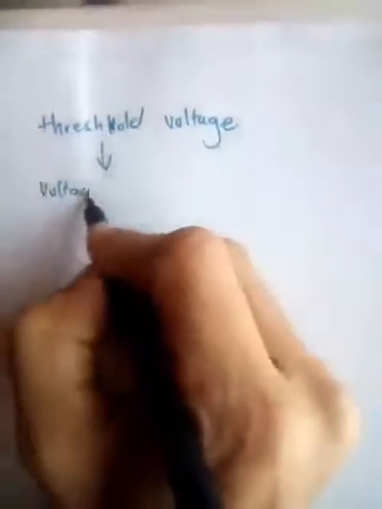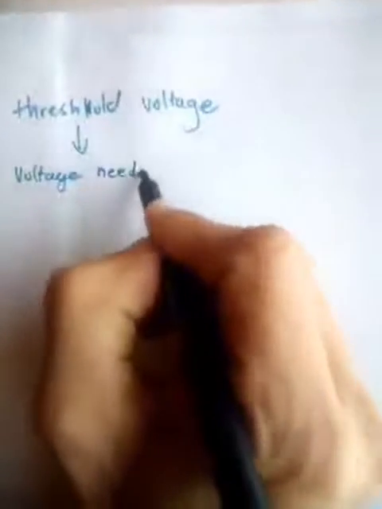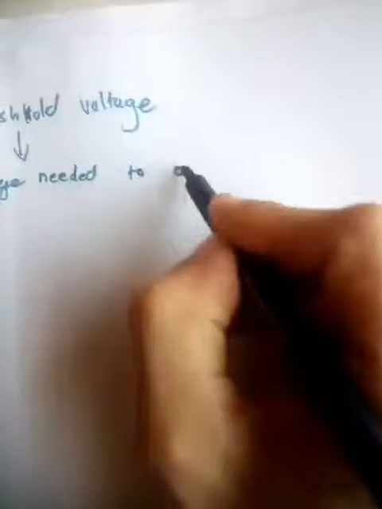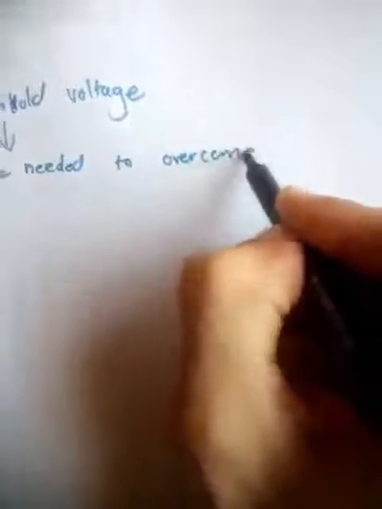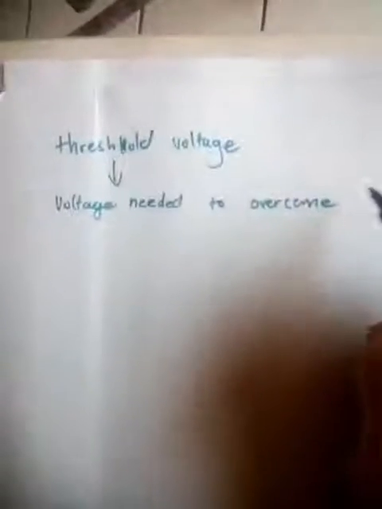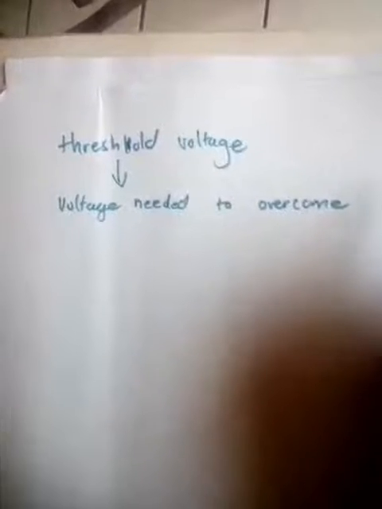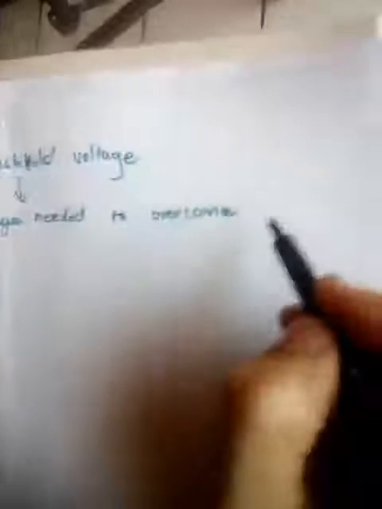So that's the voltage needed to overcome the barrier potential.